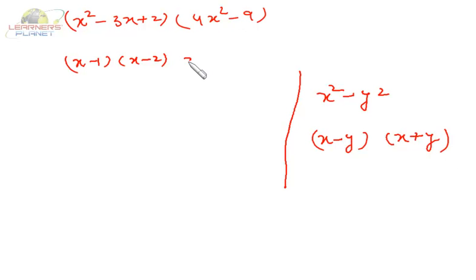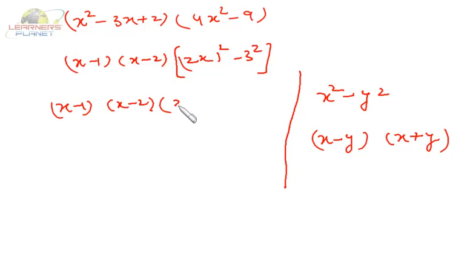So it is (2x) whole square minus 3 square. So it's x square minus y square. So we can write it like 2x minus 3 and 2x plus 3.